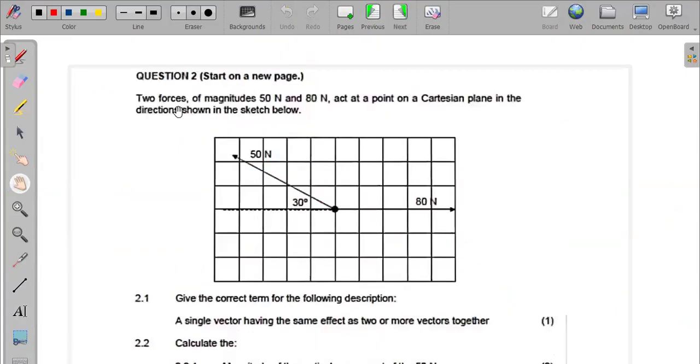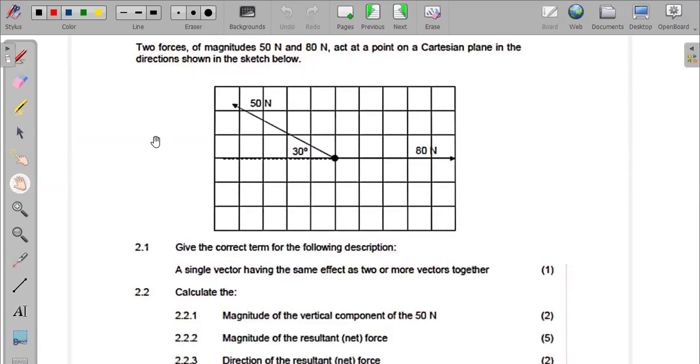Okay, the other question we have here says two forces of magnitude 50 Newton and 80 Newton act at a point on a Cartesian plane in the directions shown in the diagram. The question says, give the correct term for the following description.